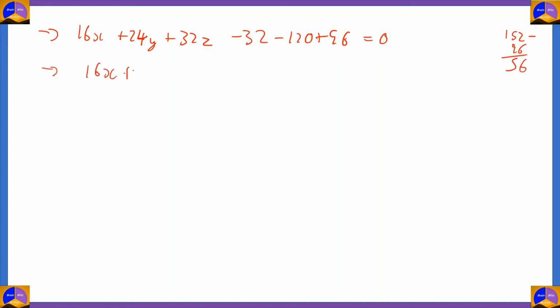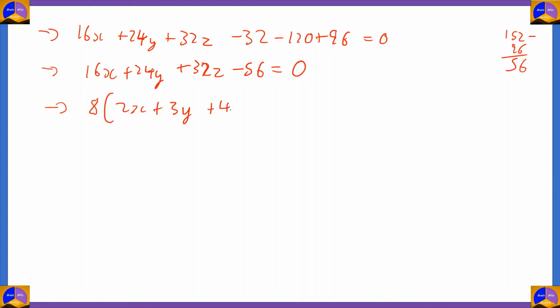So 16x plus 24y plus 32z minus 56 is equal to 0. And now we can take 8 common, so it'll be 2x plus 3y plus 4z minus 7 is equal to 0. So that'll be 2x plus 3y plus 4z is equal to 7.